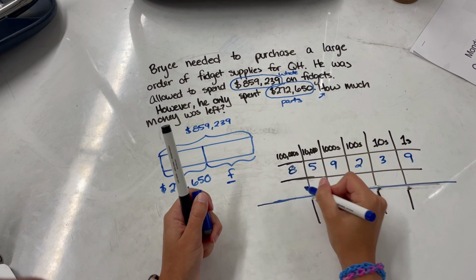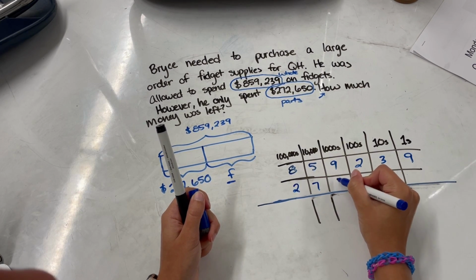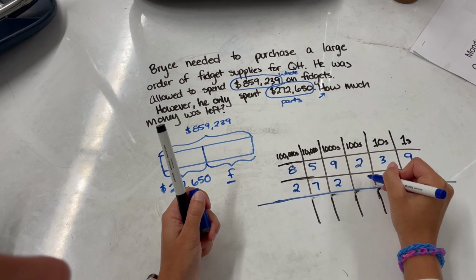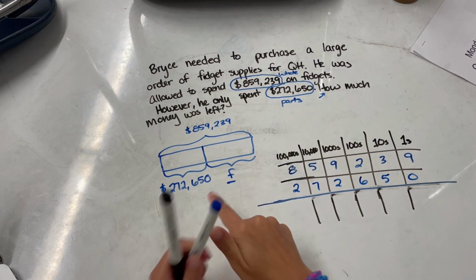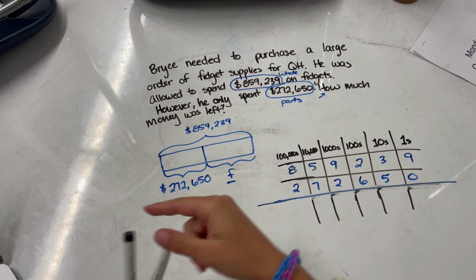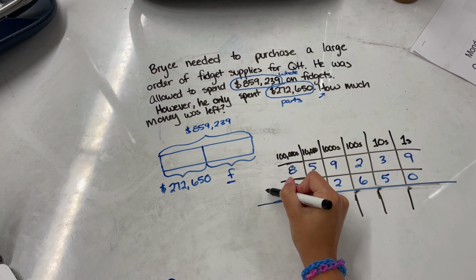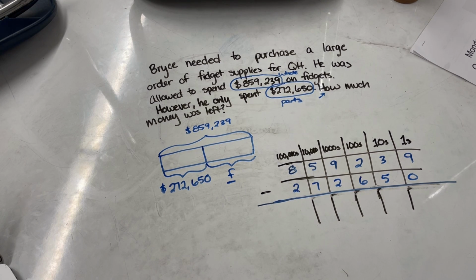One of my parts on the bottom, $272,650. In this equation, I am subtracting because I am looking for a missing part. So off to the side, I'm going to write my subtraction sign so I remember what kind of problem I'm doing.